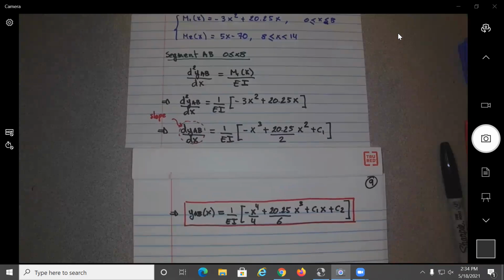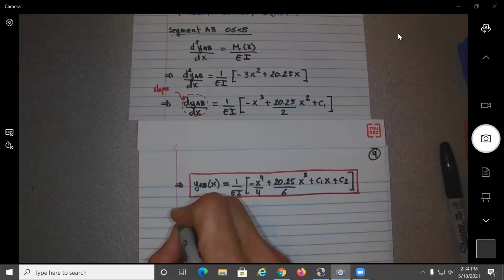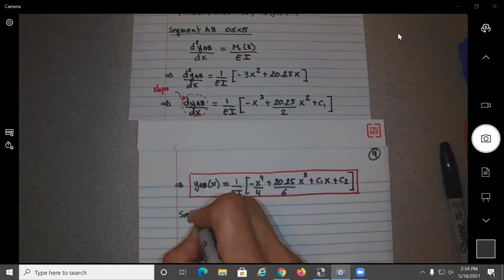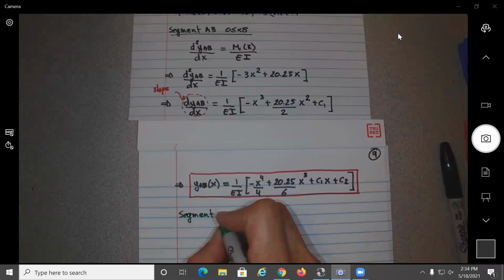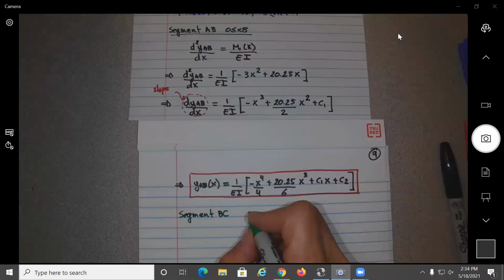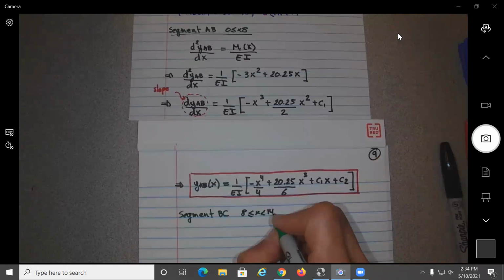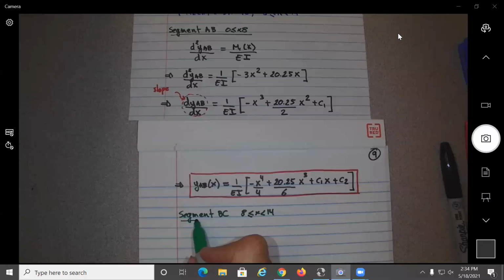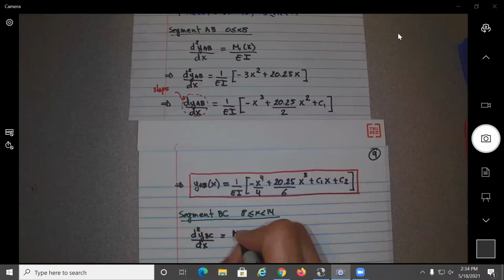Now we do exactly the same thing for segment BC, which is for x between 8 and 14. We're going to have the second derivative of y_BC with respect to x equal to M2 of x divided by EI.